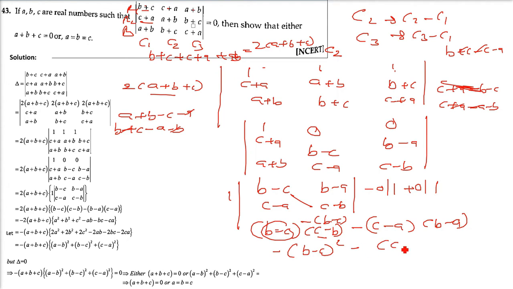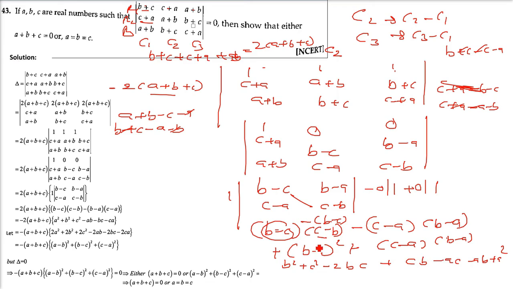What is this, c minus a, b minus a? Now since we have two negatives, let us take the negative outside. Now b minus c whole square will be b square plus c square minus 2bc, plus cb minus ac minus ab plus a square.